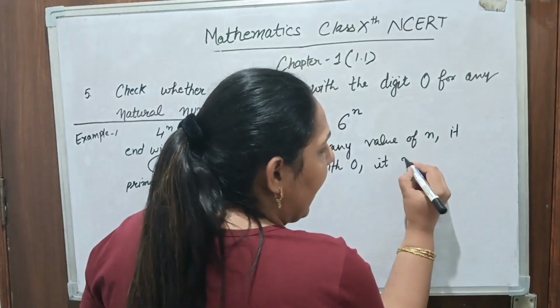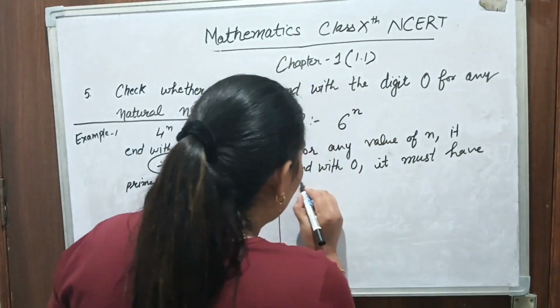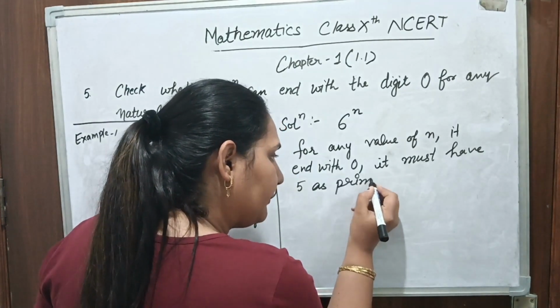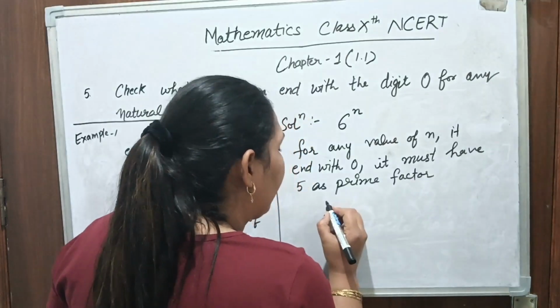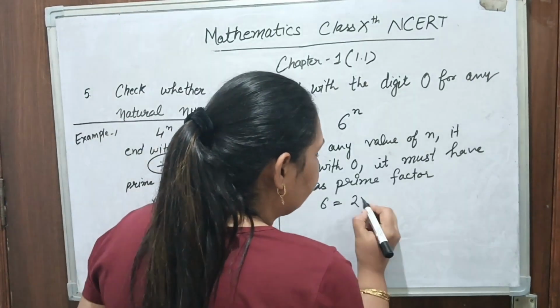It must have 5 as a prime factor. So now we will check its prime factors. The prime factors of 6 are 2 and 3, since 2 threes are 6.